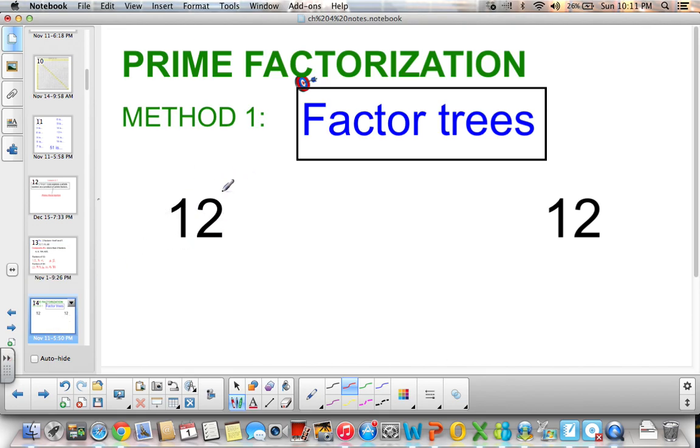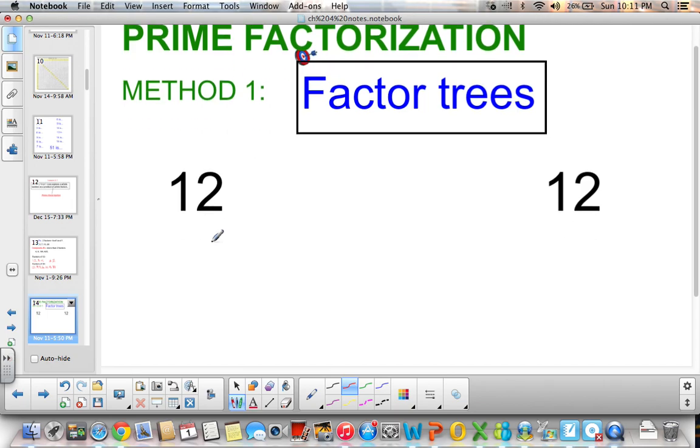So if we take 12, and our method is factor trees, we are going to start factoring out 12. I'm going to think of two numbers that can be multiplied together to get 12, and I know that 2 and 6 multiplied together equals 12. Then I ask myself if any of these numbers are prime numbers.